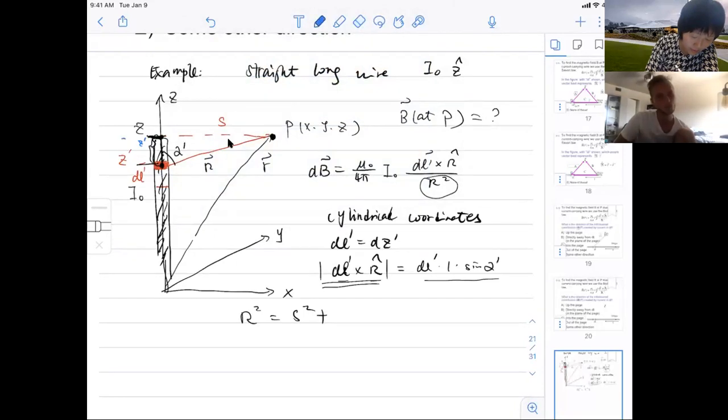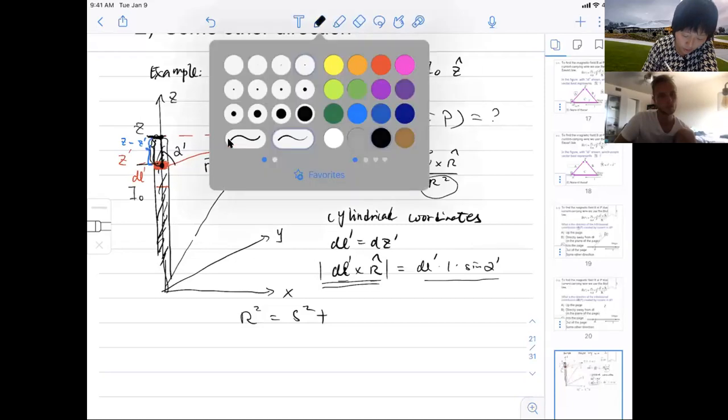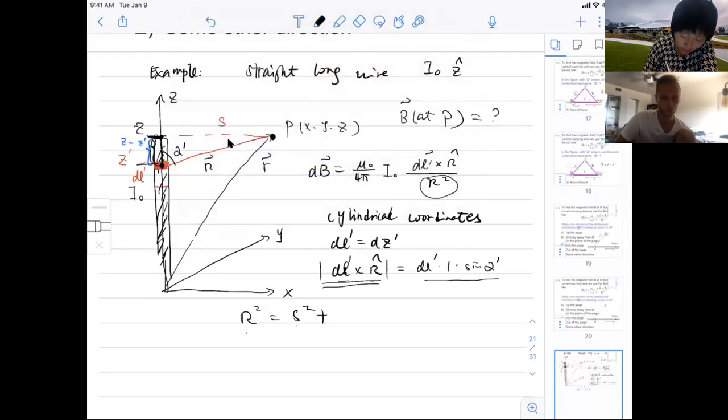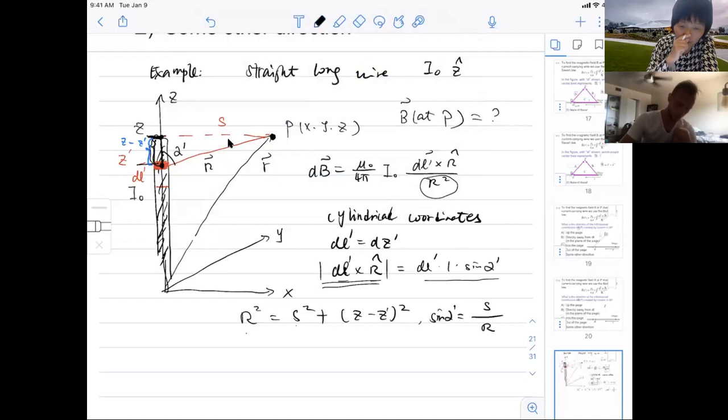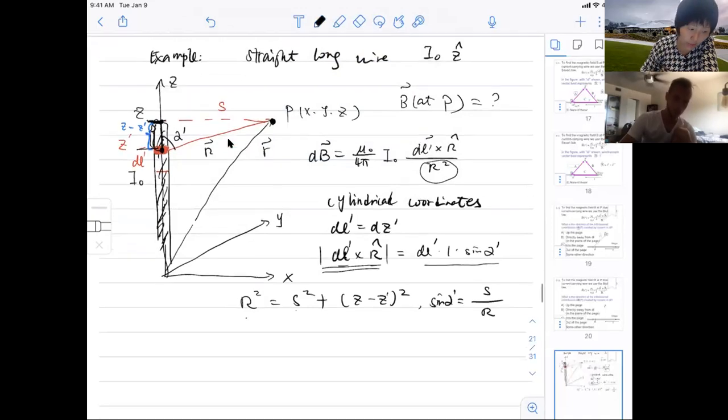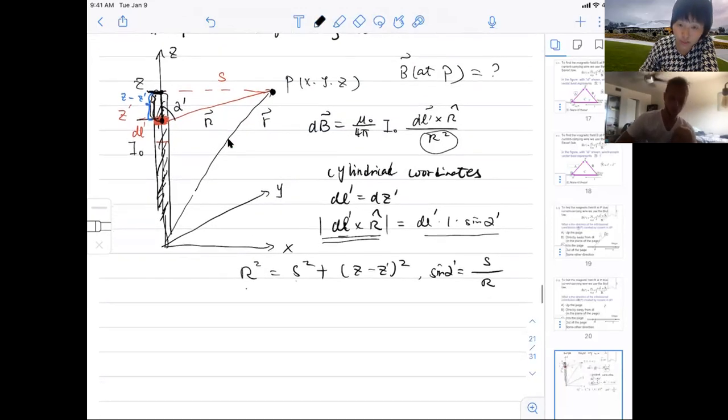So my r squared is going to be S squared plus (Z minus Z prime) squared. And sine of alpha prime is going to be S over R. So you have represented all of these quantities that you need, and you're ready to do the integration.